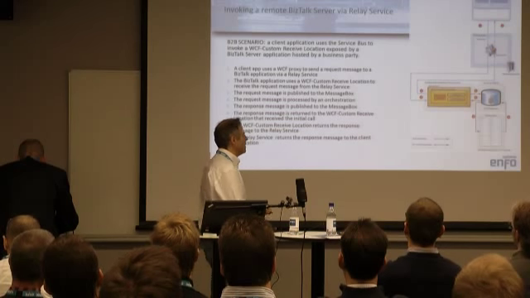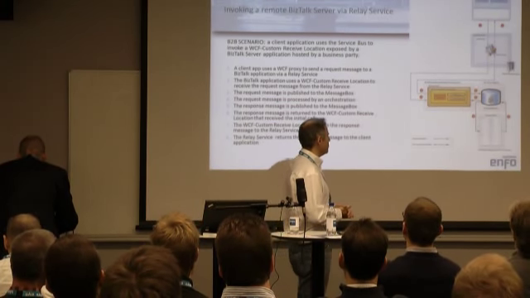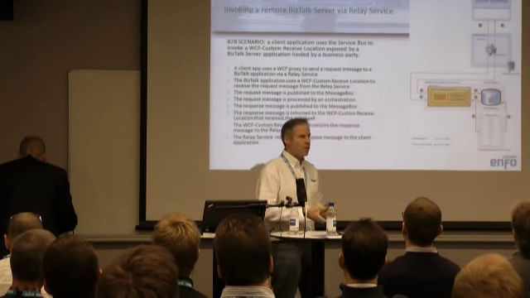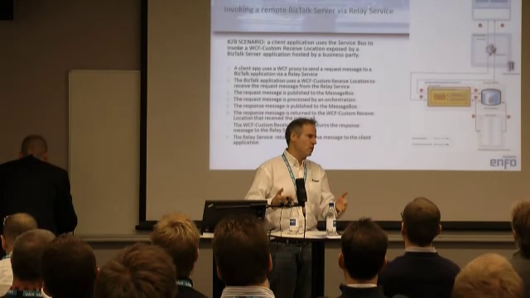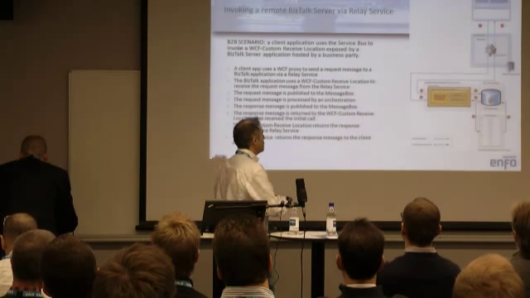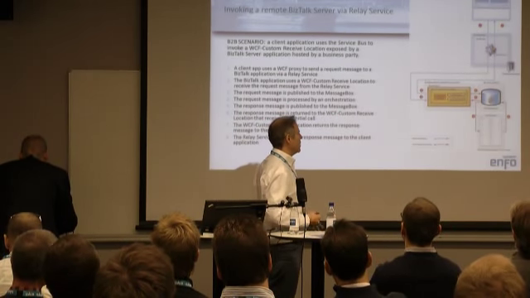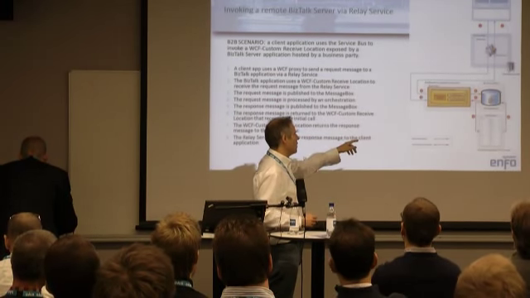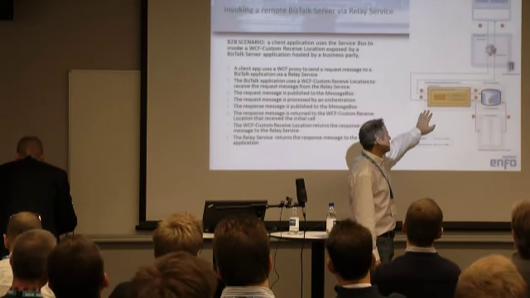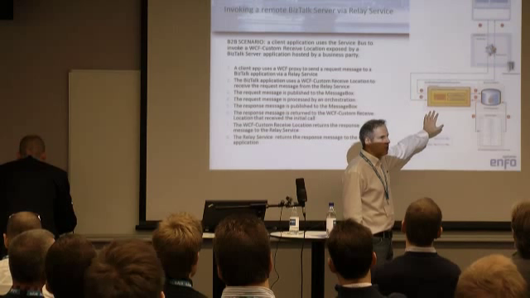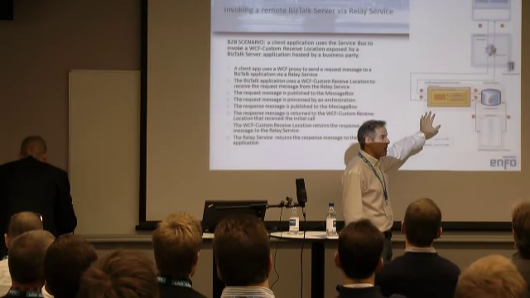So now let's look at how you can get advantage of relay services in a BizTalk application. Indeed, Michael already showed this yesterday, but okay. In this case, I have a WinForm application sending a request message to a BizTalk application. I have the WCF custom receive location, which uses the NetTCP relay binding.